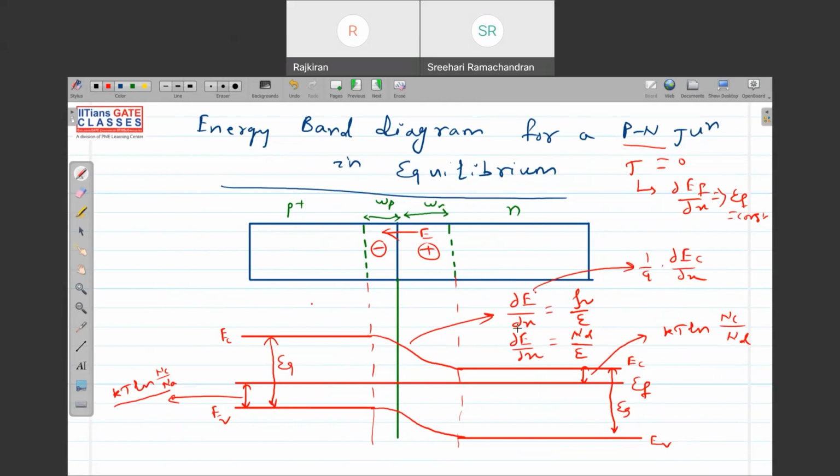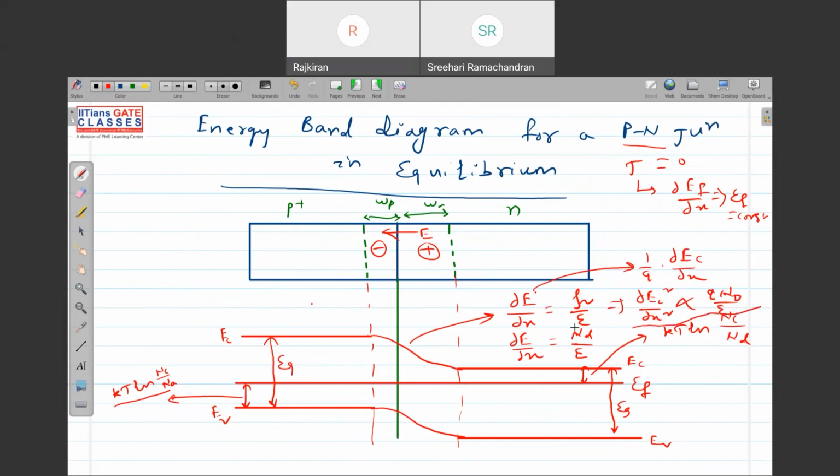So if you put that here, d squared EC by dx squared will be proportional to q Nd by epsilon.